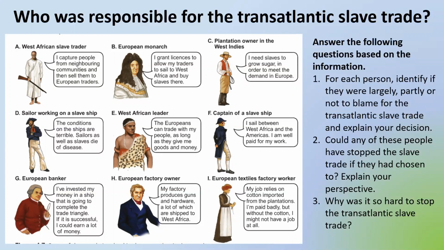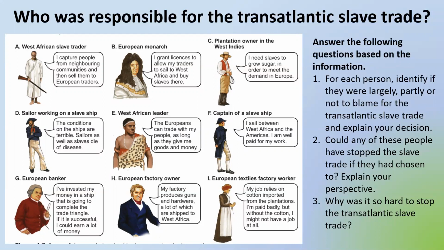For example, if we look at the bottom corner, the European textile factory worker, she says, my job relies on cotton imported from the plantations. I'm paid badly, but without the cotton, I might not have a job at all. So she is not directly involved in the sell and trade of slaves.